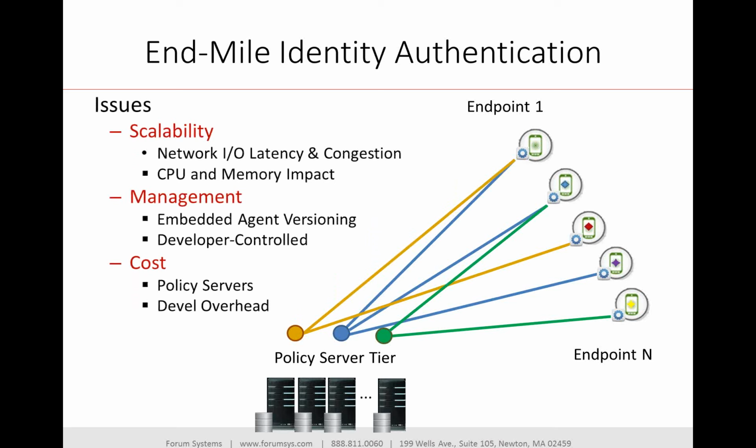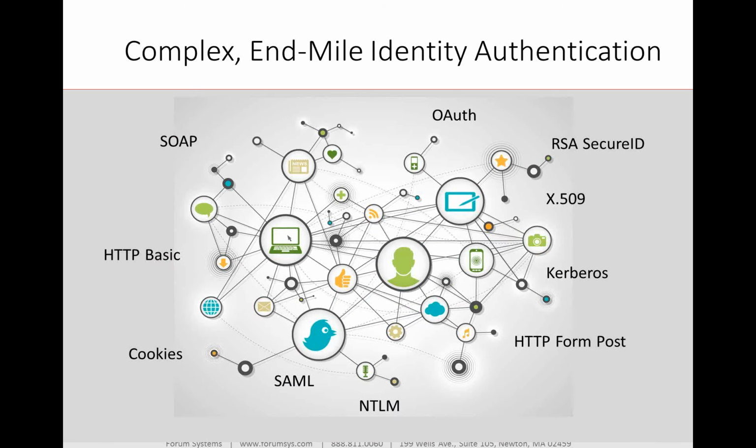the hurdles and issues with end-mile authentication, scalability issues, management issues. Think about all the different patch revisions and operating systems and developers that have come and gone, and trying to maintain that all at end-mile services is simply cost prohibitive, and it's always going to be a glass ceiling on scalability and the ability by which to really achieve the goals of centralization.